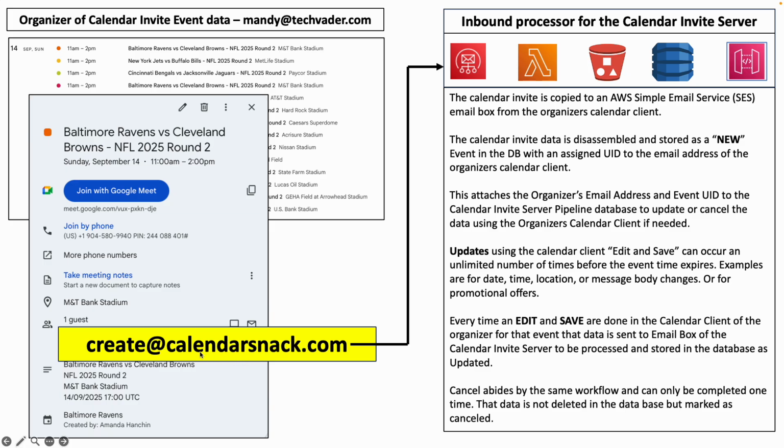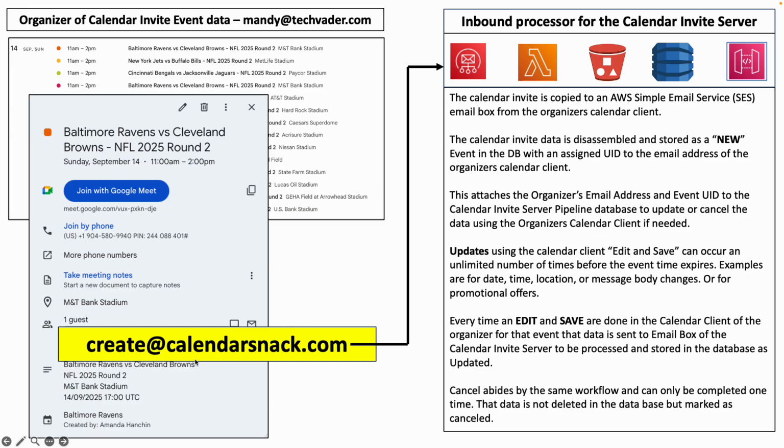This create at calendarsnack.com is a physical, mechanical, inbound processor for the calendar invite server. So this is the first visual that we're framing out, as the visual for the inbound processor for the calendar invite server.